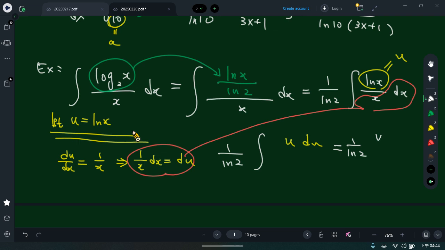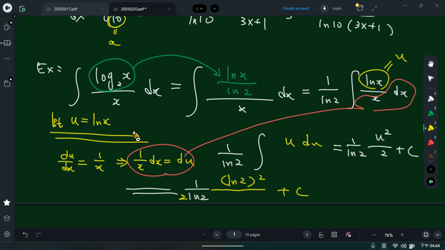That will become u squared over 2 plus c. And remember, we need to convert it back to something like (ln x) squared over 2, then plus c.